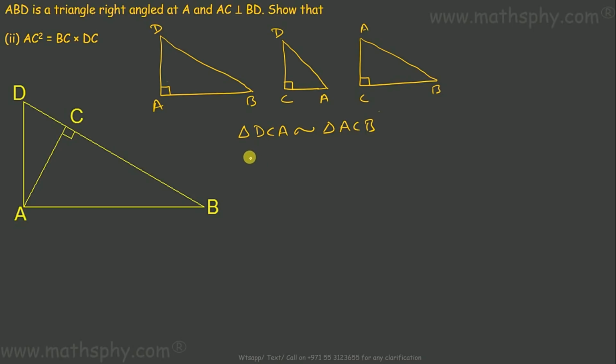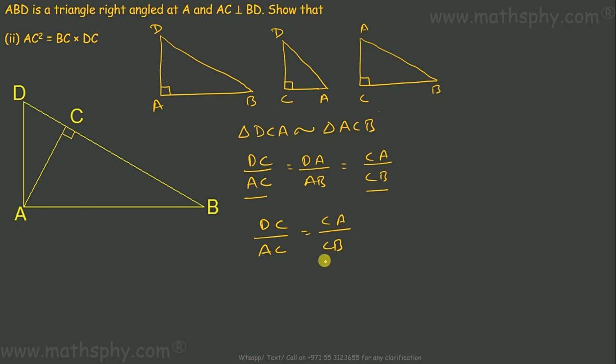In that case, DC over AC would be equal to DA over AB will be equal to CA over CB. Let's take this and this, means DC over AC equals to CA over CB. AC into CA will give you AC square equals to DC into CB. I can write it as BC into CD. Proved.